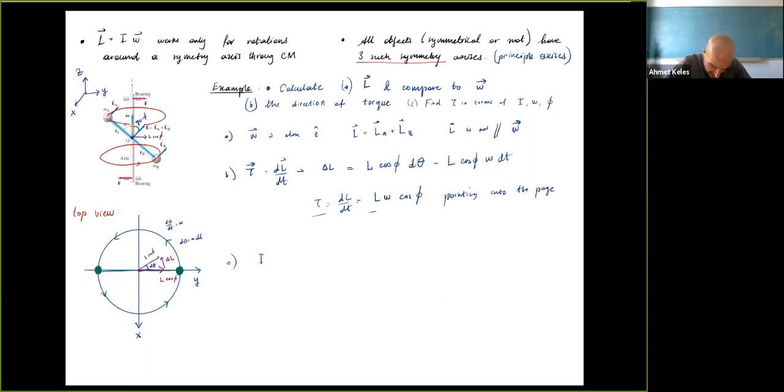I is the sum of Mi Ri squared. So it's going to be Ma Ra times sine phi squared plus Mb times Rb squared, I think sine squared phi.